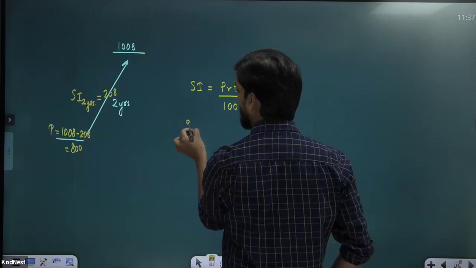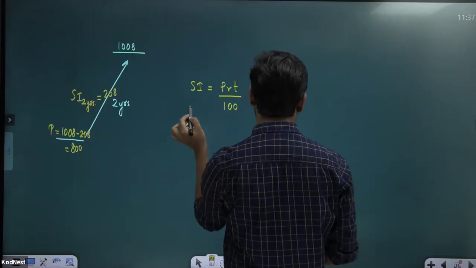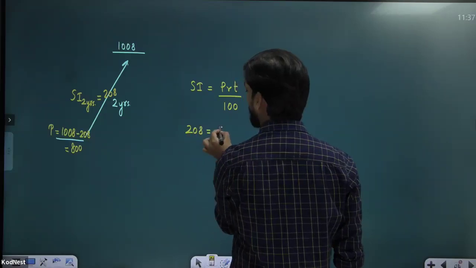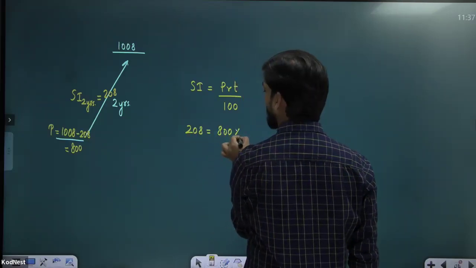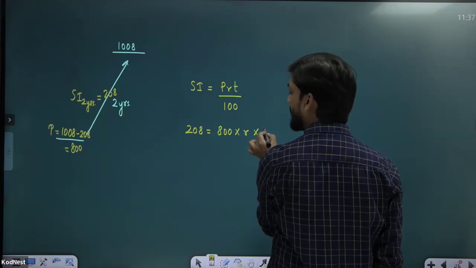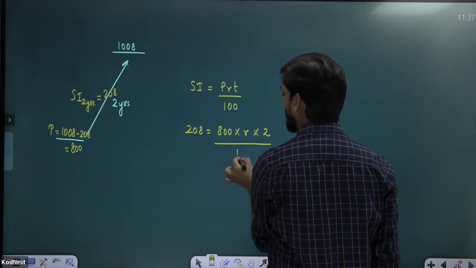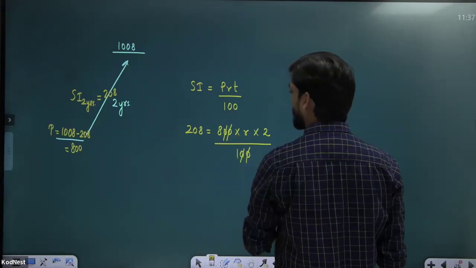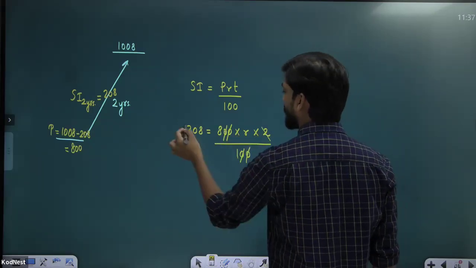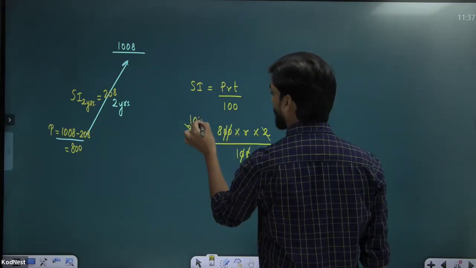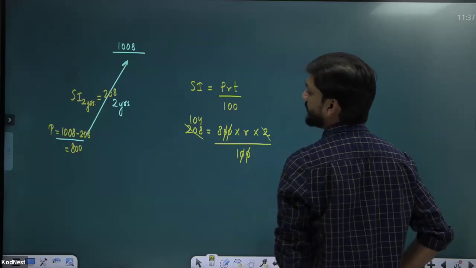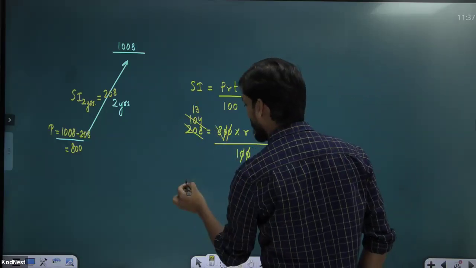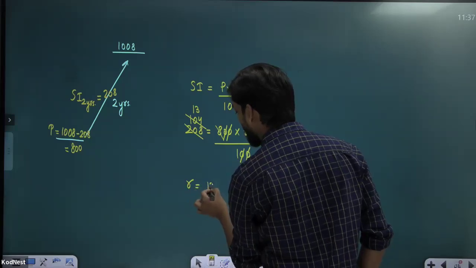Simple interest is, sorry, my mistake, 208 rupees. Principal is 800 rupees. Rate of interest unknown. Time is 2 years. Divide by 100. So the zeros cancel, and 2 into 104, and 8 into 13 will give you 104. So rate of interest comes out to be 13%.